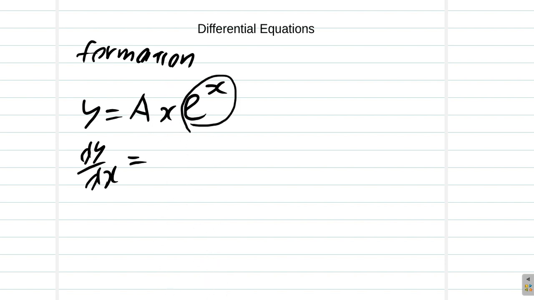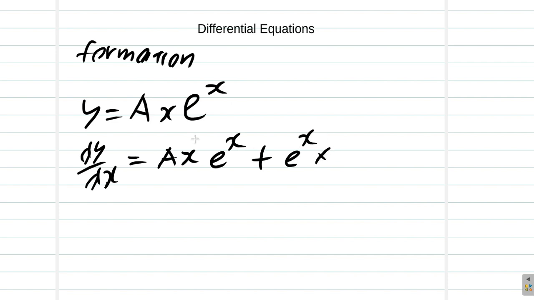So we hold ax as it is, differentiate e to the x, we just get e to the x, plus, hold e to the x as it is, times, differentiate ax, we get a. Right? So, remember the product rule.